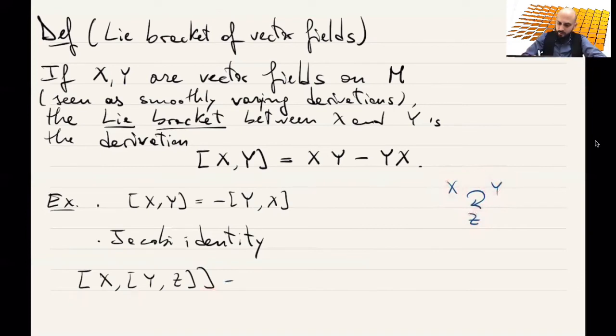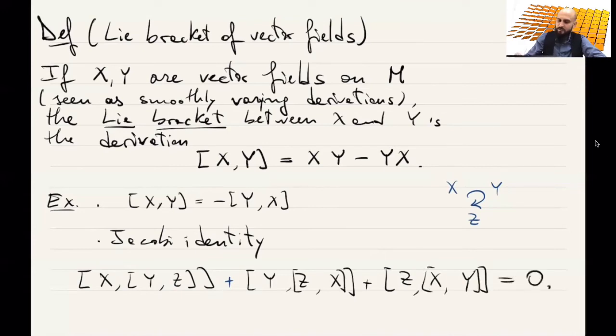So this plus, now I start with Y, it's [Y,[Z,X]], and then I start with Z, [Z,[X,Y]]. I have to put the bracket in the same way, bracketing first the last two, and then this sum is 0. This is an identity. It's very easy to check that this is true. Okay, this is one point of view of what the bracket is.